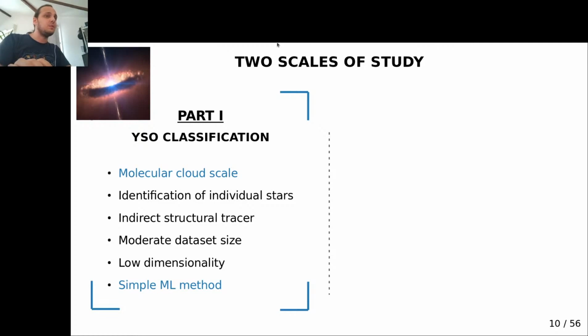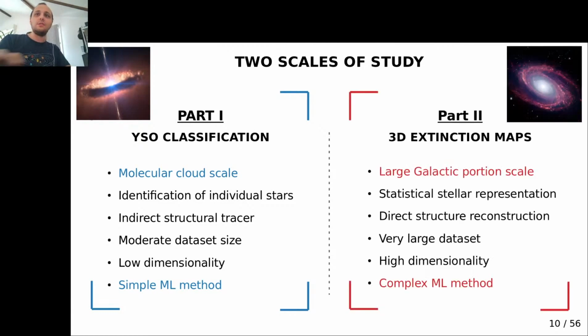And for this part, we will use a relatively small dataset size with low dimensionality, so I can stick to relatively simple machine learning methods. While in the second part, we will look at 3D extinction maps, so it will be about large galactic scales by using a statistical stellar representation.